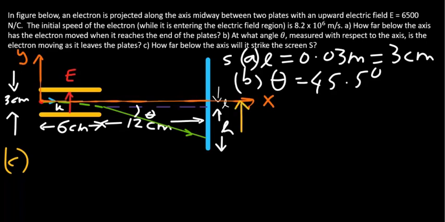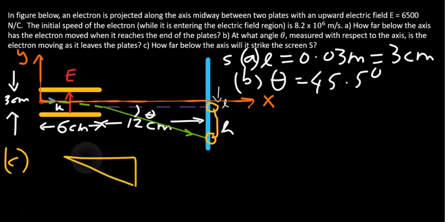That means this entire distance, little l plus little h. So all you have to do now is to determine what that little h is. Now the little h is that distance, the distance from that point to the point where it hits the screen. Now there is a triangle again like that. So this is theta.